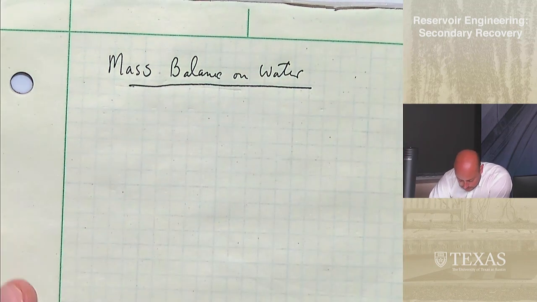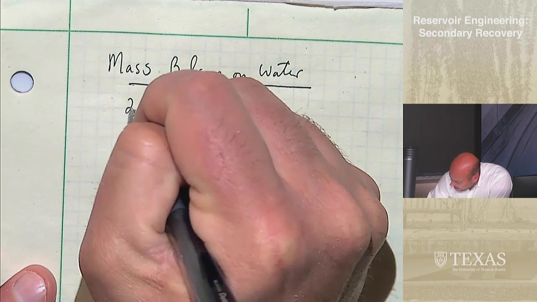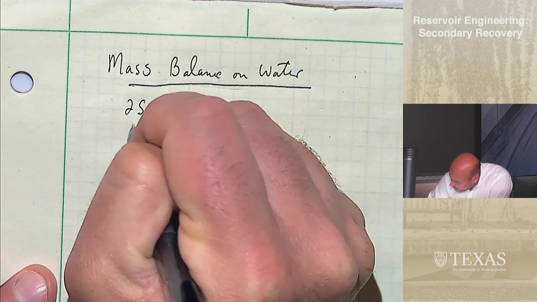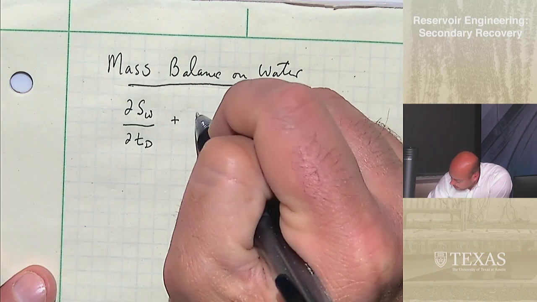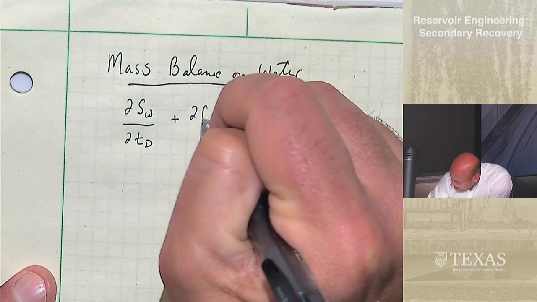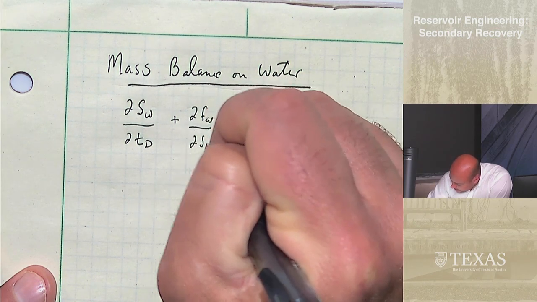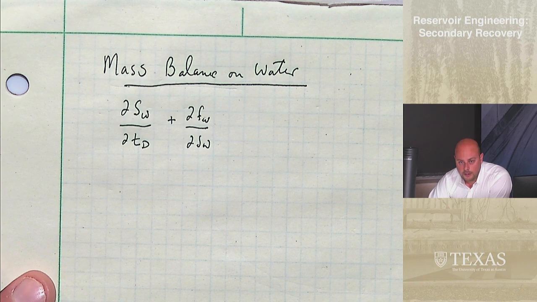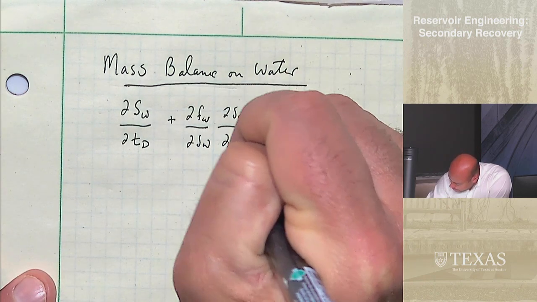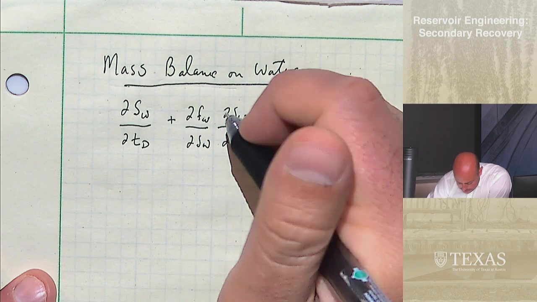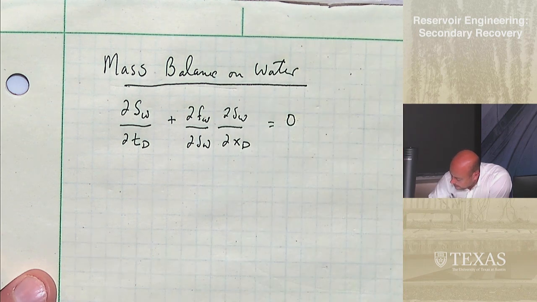This goes back several lectures. We derived that the partial derivative of water saturation with dimensionless time plus dFW/dsW, sometimes I call that FW prime, times dsW/dxD is equal to 0.